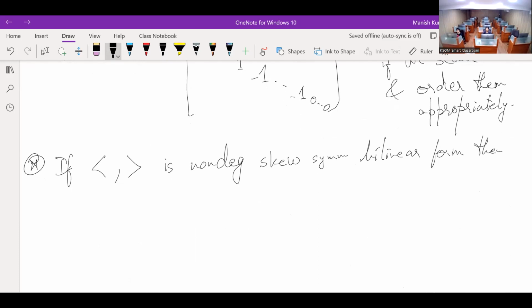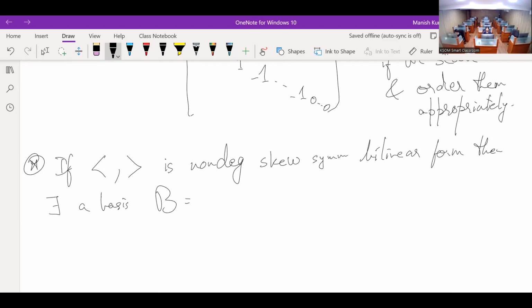then what you can say is that there exists a basis with respect to which its matrix will look like this. Then there exists a basis B, and you can also say that the dimension of the vector space is going to be even.